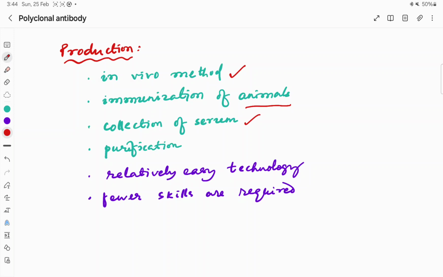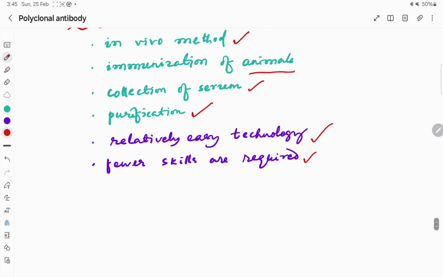After collecting the serum, we have to purify it to collect the antibodies against that specific antigen. So this is a relatively easy technology compared to the production of monoclonal antibodies, and fewer skills are required.